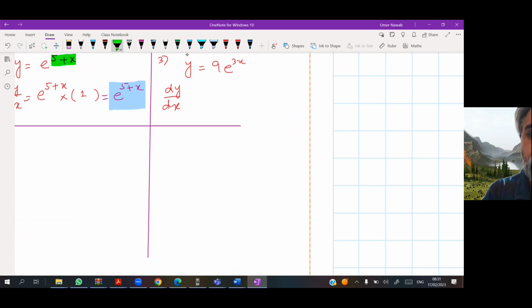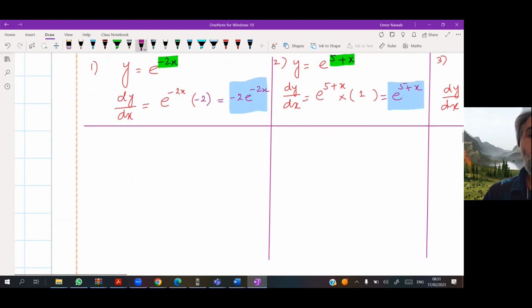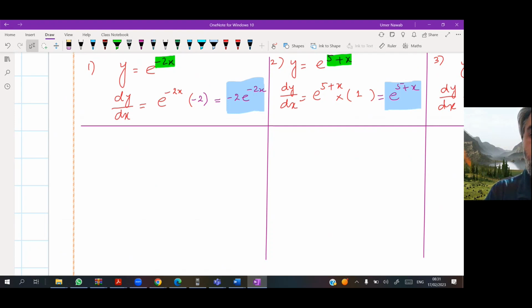The coefficient will stay as it is. Copy it. E raised to power 3x, copy it. Now the further derivative of 3x is 3. So now this 9 and this 3 will be multiplied, and you write 27 e raised to power 3x. Let's go to the fourth question.